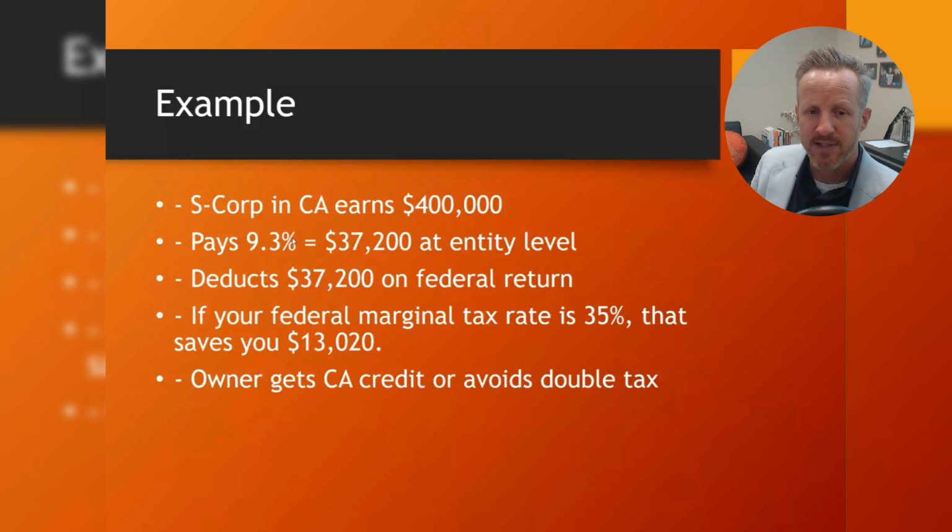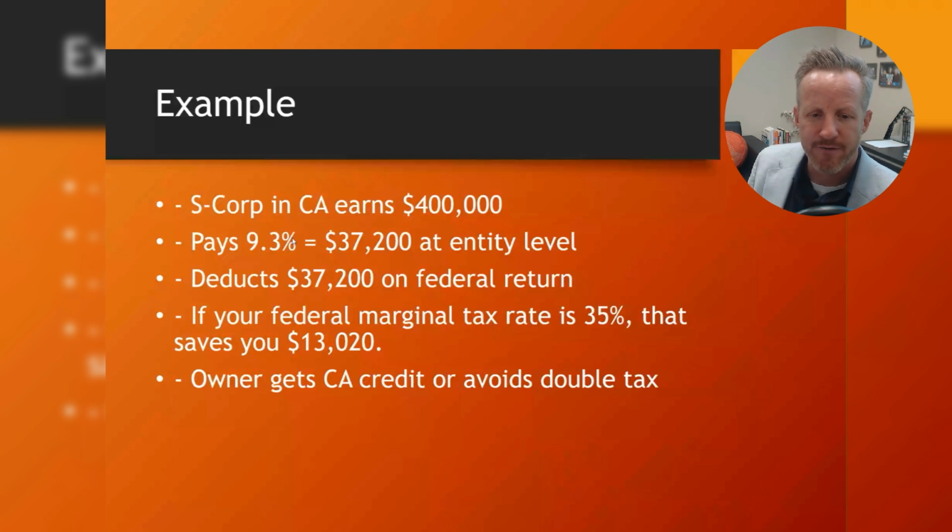Now, that $37,200, when you made that payment to your state tax board, it goes on your profit and loss statement in the same way you make a payment to your supplier or your labs or your employees or your CPA, etc. And now it is a $37,200 expense, which therefore, federally, lowers your K-1 by $37,200.